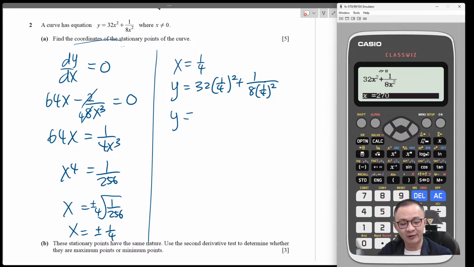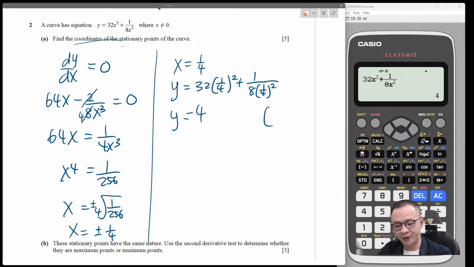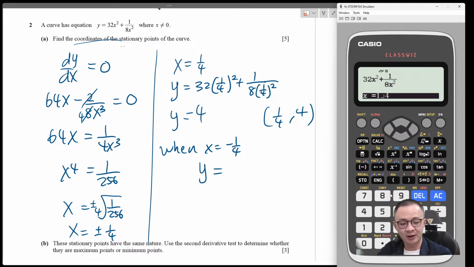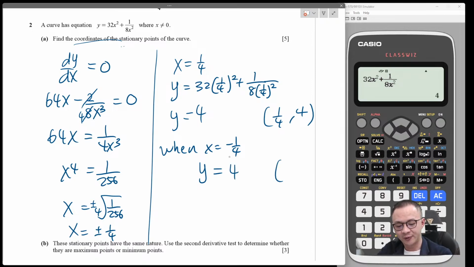I insert 1 over 4 here, and I should get 4. So the first coordinate is 1 over 4 and 4. The second coordinate is when x is negative 1 over 4. I insert negative 1 over 4 here, and the calculator tells me it's 4 also. So I got negative 1 over 4 and 4.